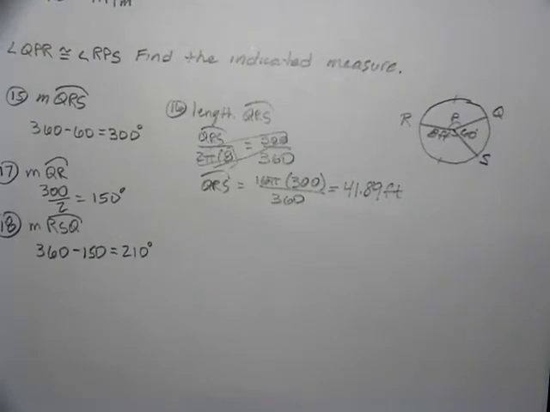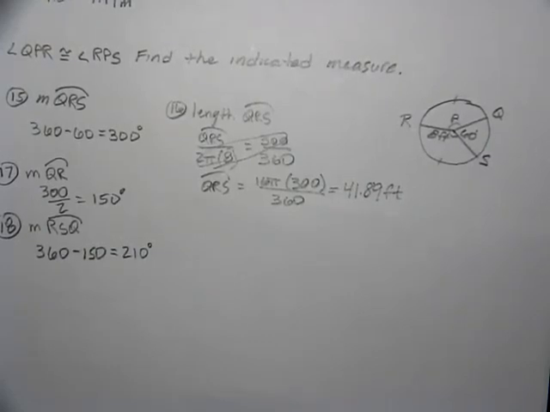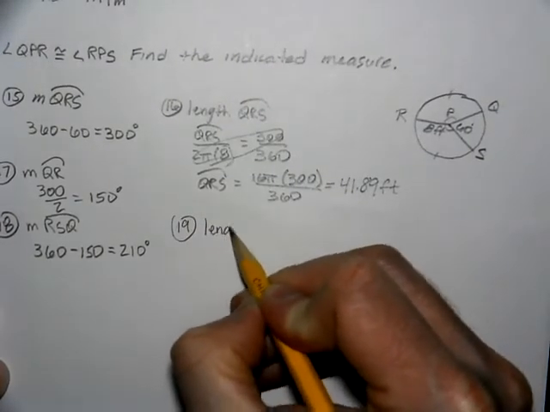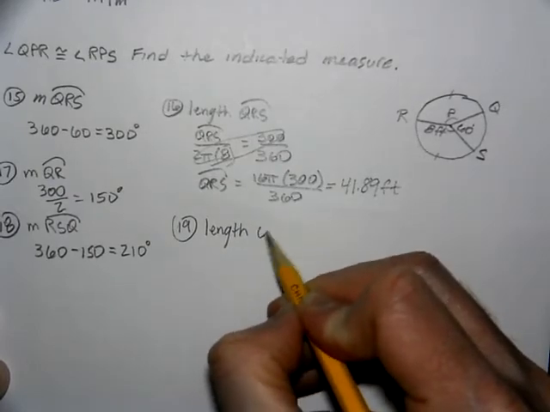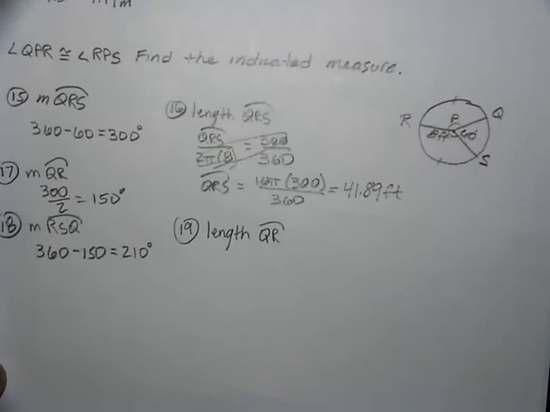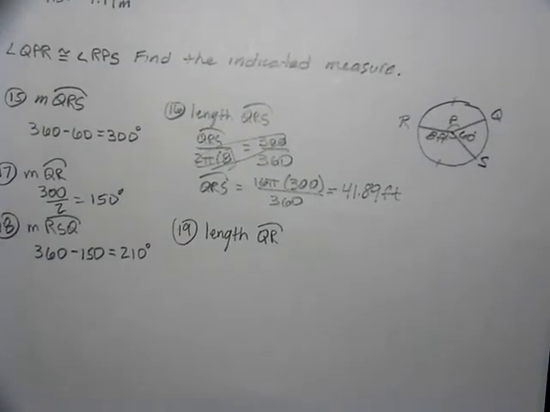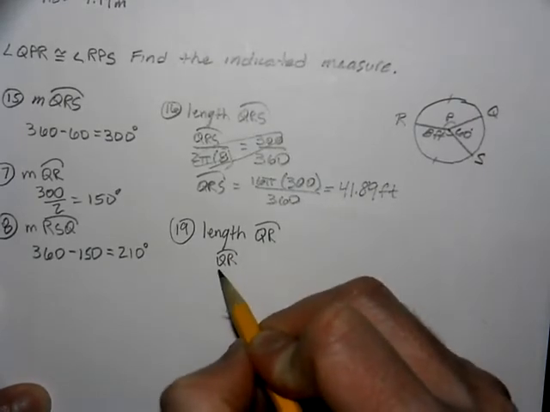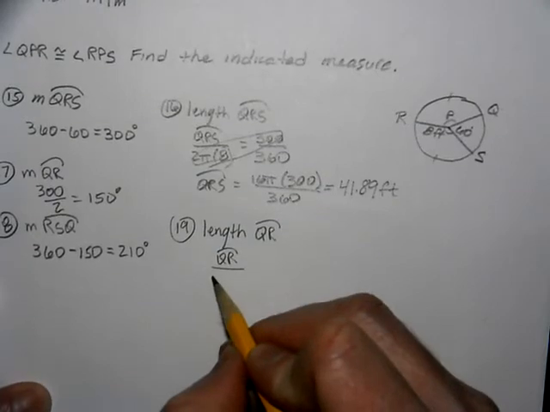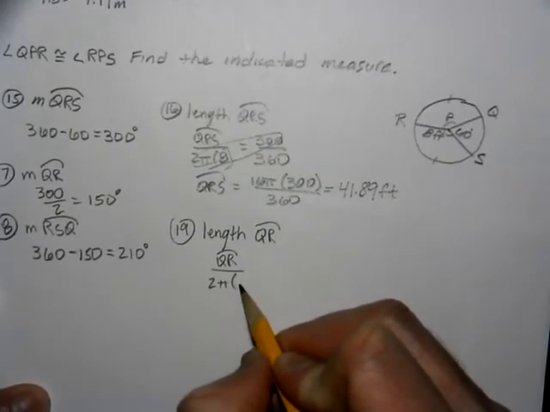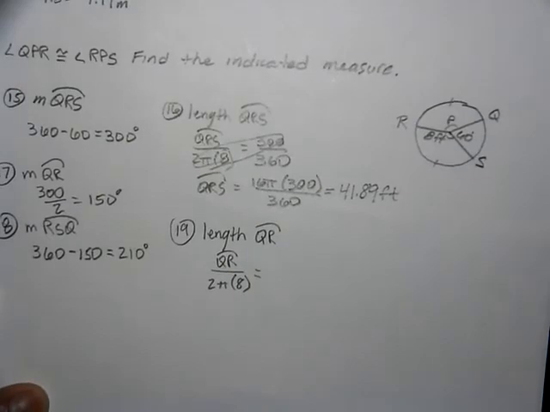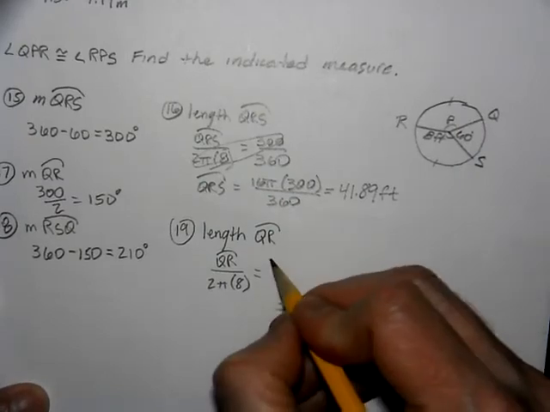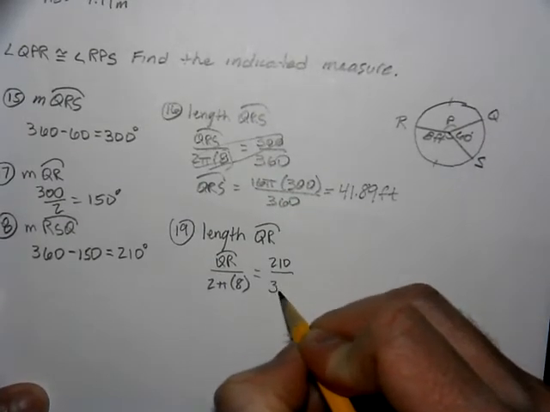Now we're supposed to find the length of arc QR. So QR over 2 pi r is going to equal that angle, which is 210, over 360.